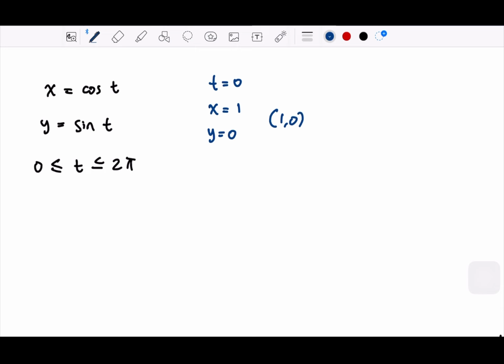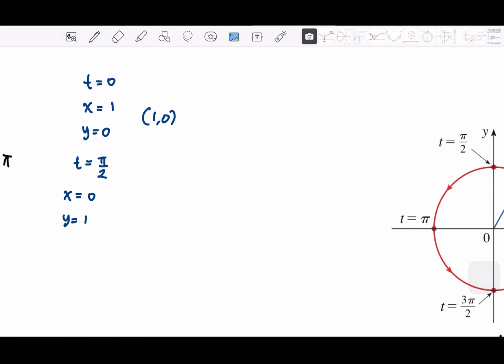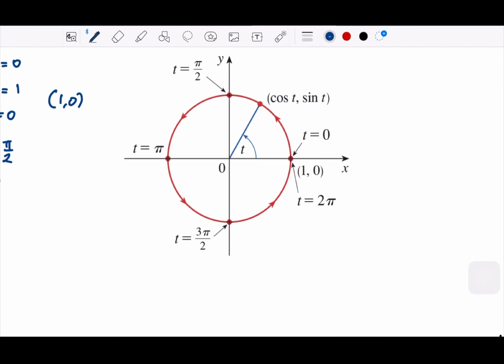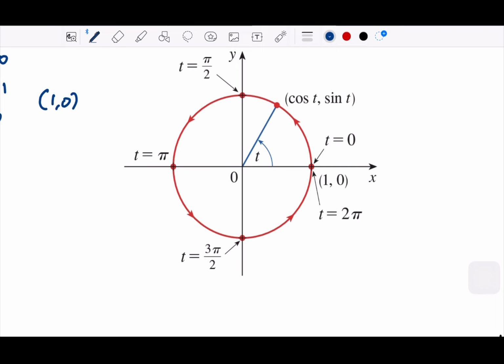For another t, say t equal pi over 2, x will be 0 and y will be 1. We try all the possible angles, the special values, and we could have this kind of curve. When we try t equals 0, pi over 2, pi, 3 over 2 pi, it will be a circle.